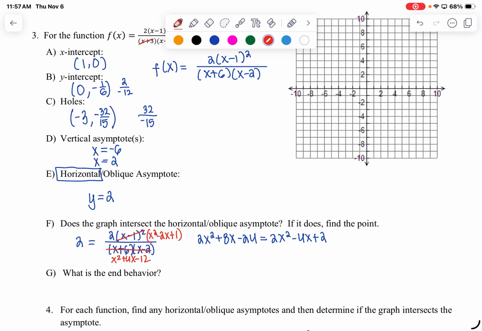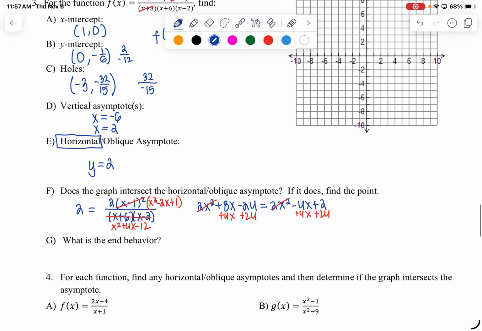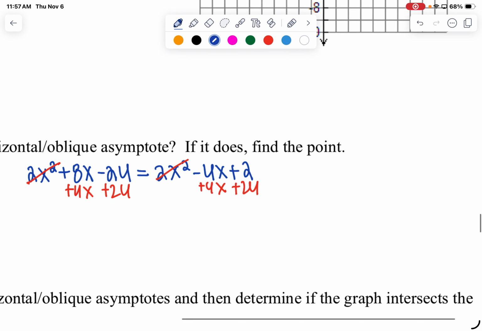The 2x squareds cancel. And then I'm going to add 4x to both sides and add 24 to both sides. So I get 12x is equal to 26.